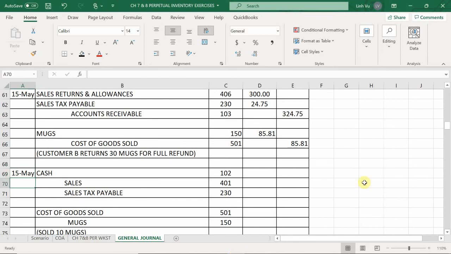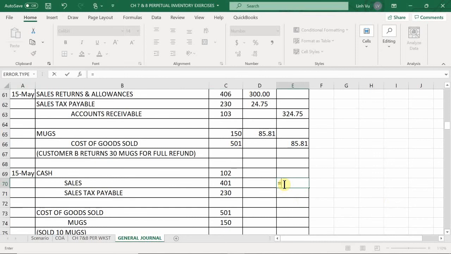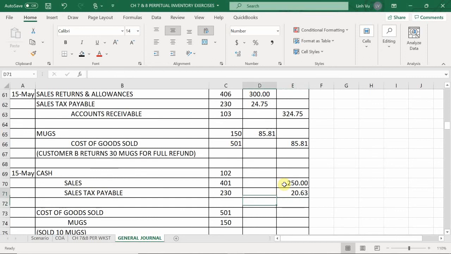So if I sold 25 mugs at $10 each, what's my total sales? 250. All right. How much tax am I going to be charging? $20.63.